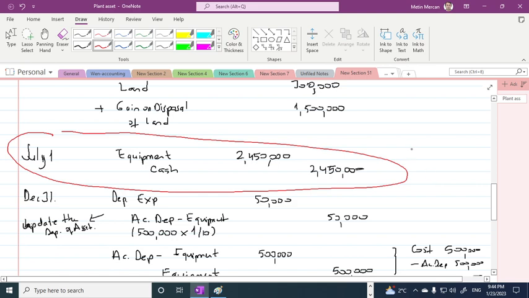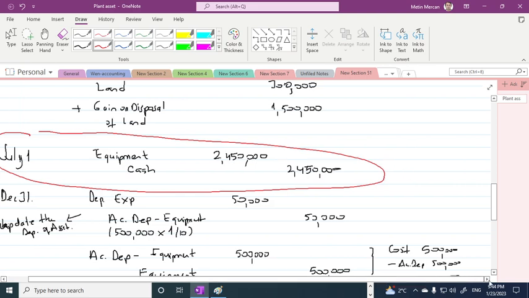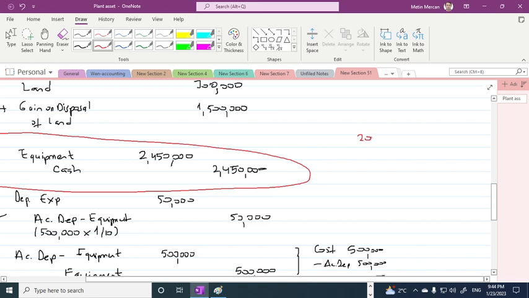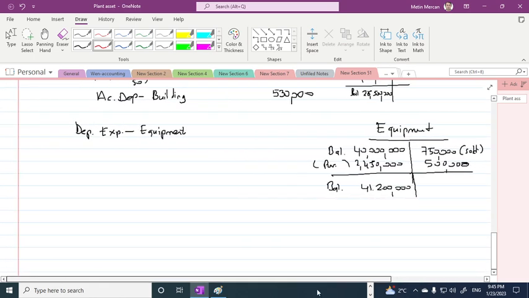So in 2020, from July 1 till December 31, how many months do we have to depreciate it? 6 months, because it's not purchased at the beginning of the year. So 6 months it should be depreciated. In this case, our depreciation expense will be different.